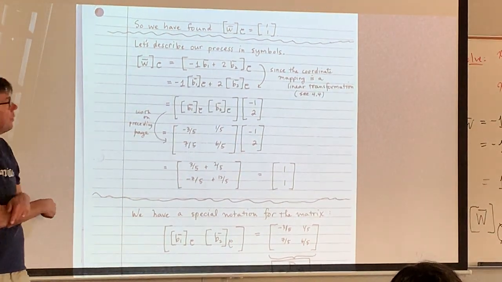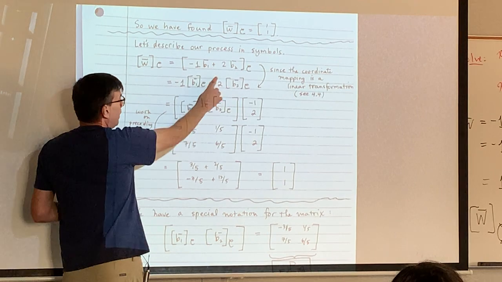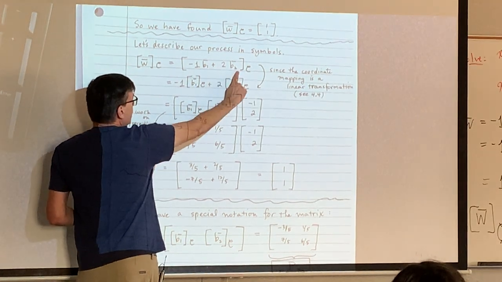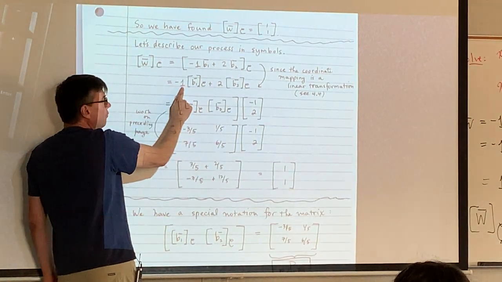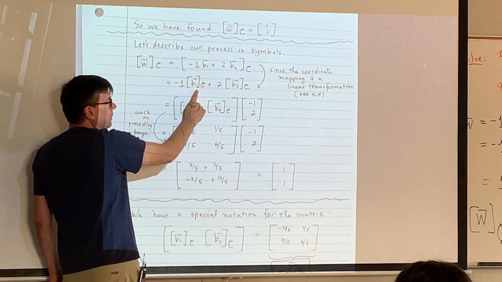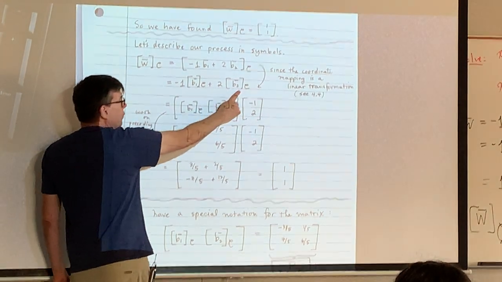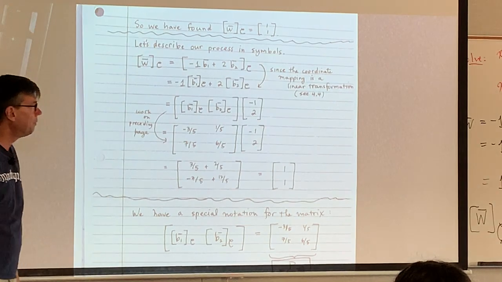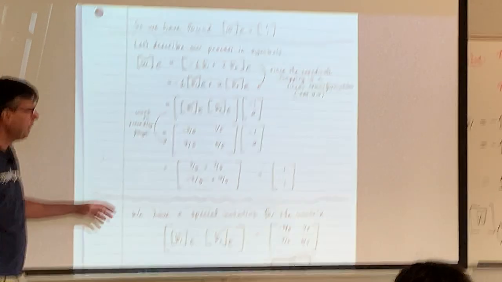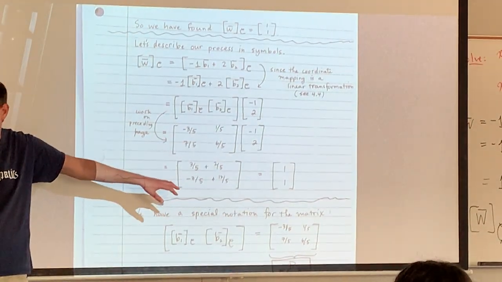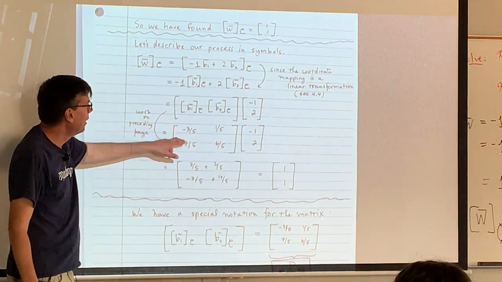So the c coordinates of W has to be negative 1 times the c coordinates of B1 plus 2 times the c coordinates of B2. And if you just think about what we did, that's basically the calculation we went through.